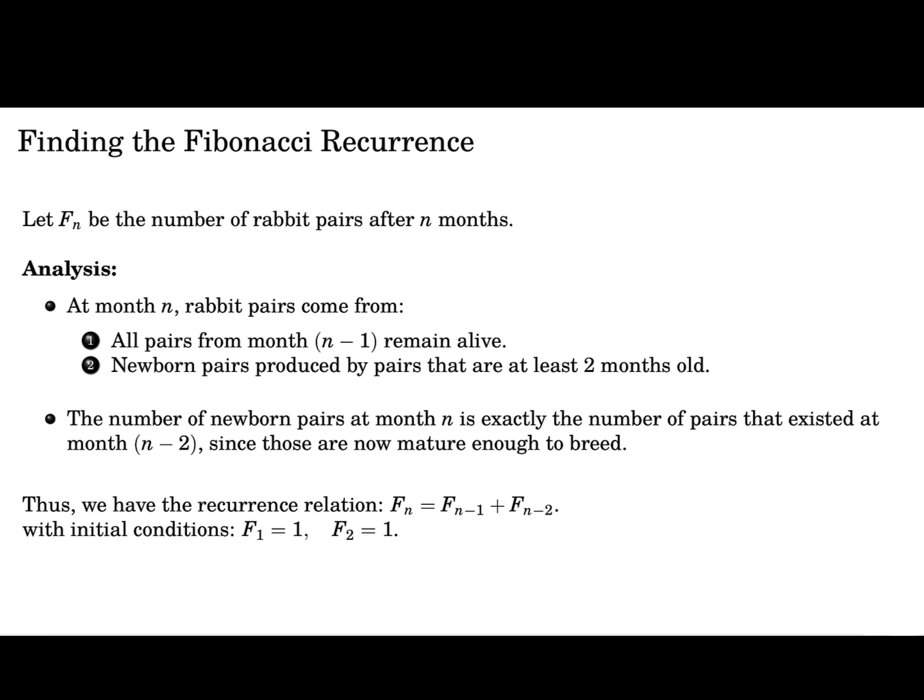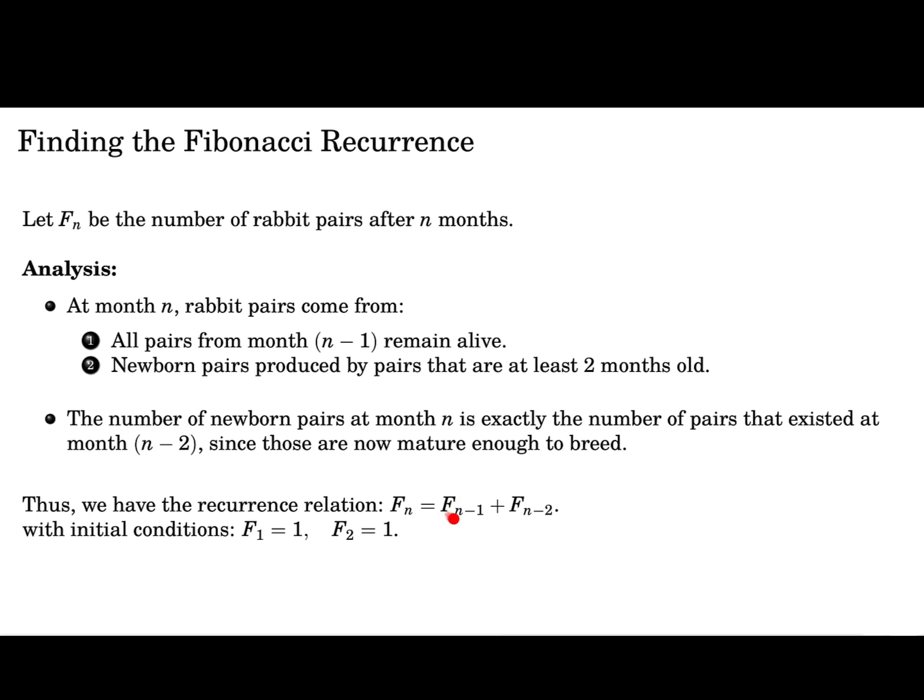Putting these two contributions together, we get that Fn is equal to Fn minus 1 plus Fn minus 2. And we have the initial conditions we saw from the beginning: F1 equal to 1, F2 equal to 1. With this, you can compute any Fn recursively. If you want F100, it's going to be F99 plus F98.